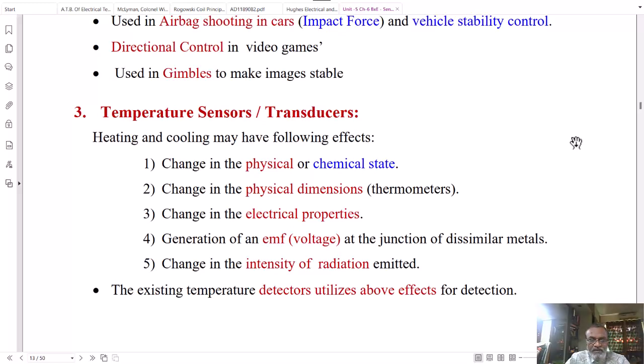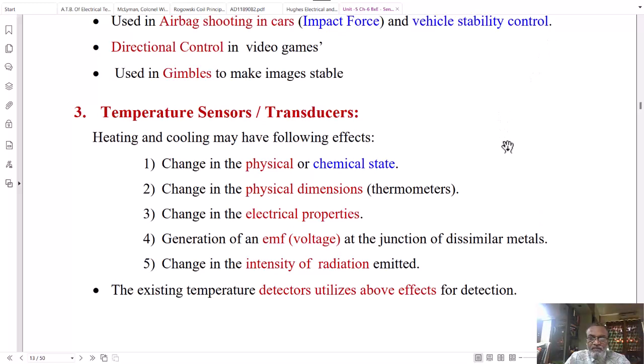The third principle is that change in temperature results in a change in some of the electrical properties of the material, like resistance of the metallic wires. Another principle is that some materials generate EMF when they are subjected to a change in temperature, for example, a PN junction made with semiconductors.